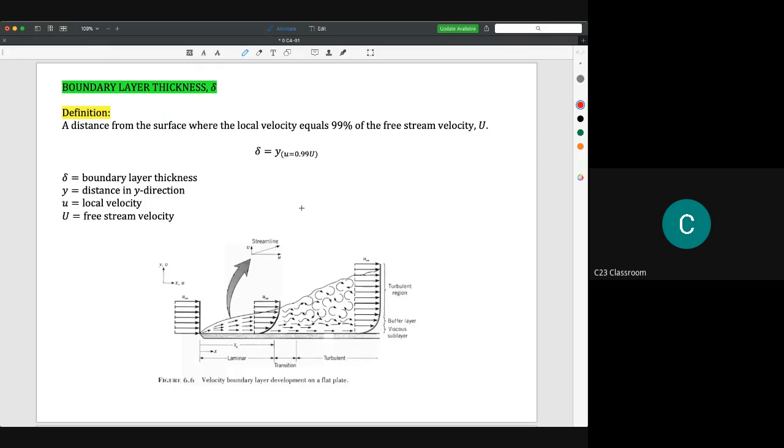For example, you have a situation like this one. You could say that the boundary layer thickness at x equal to here is 1 centimeter, and the thickness of the boundary layer at the trailing edge here might be 8 millimeters.